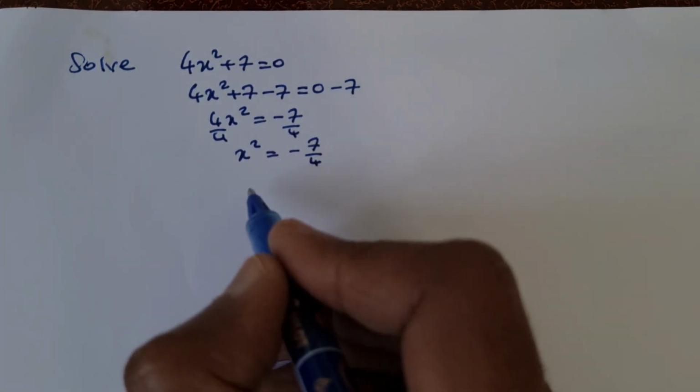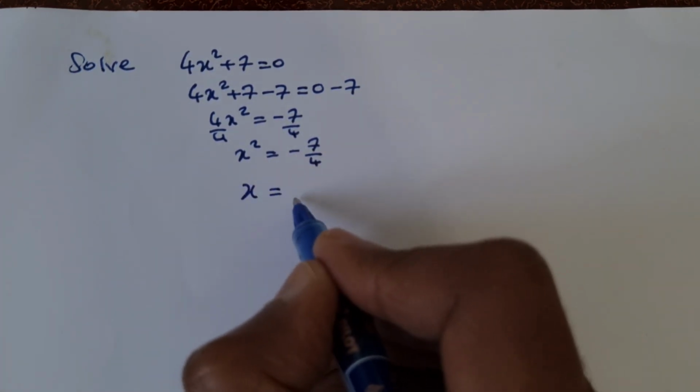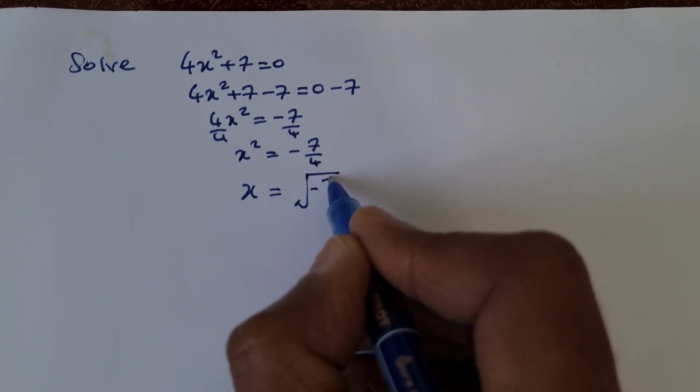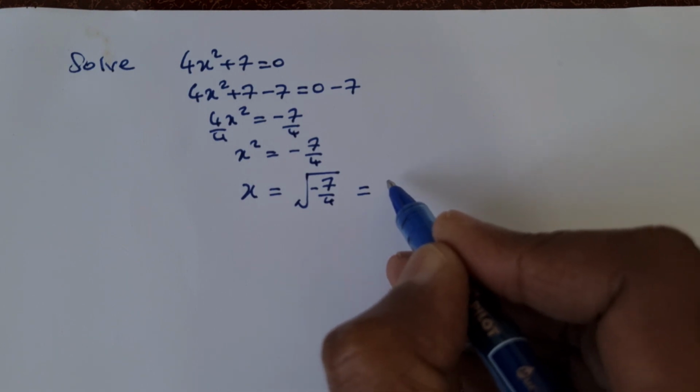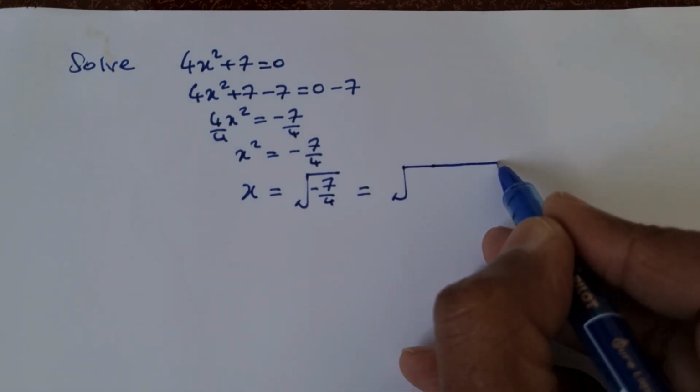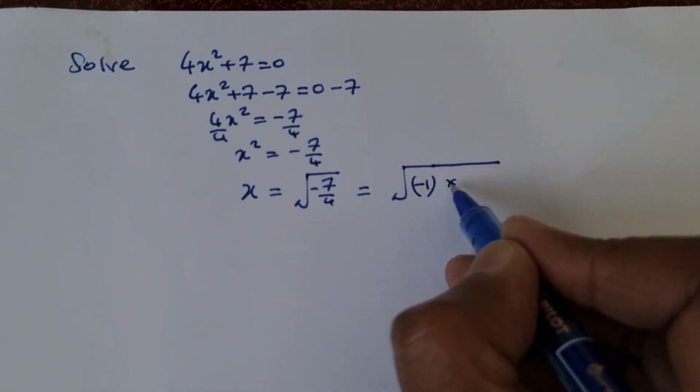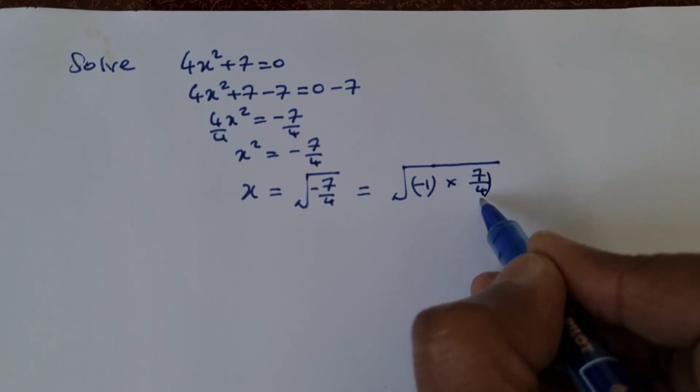So that negative 7 over 4 can be taken as its square root, which is basically the square root of negative 1 times the square root of 7 over 4.